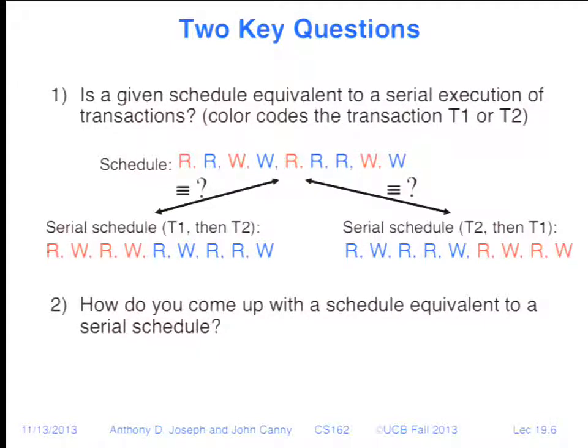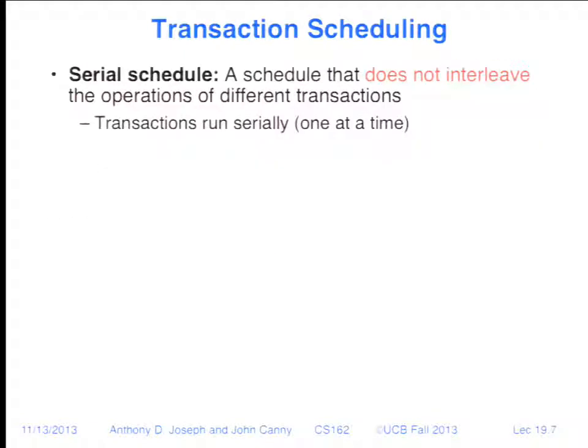So how do we figure out if one of these general schedules is equivalent to a serial schedule? We looked at some ways of doing that last time. We'll quickly review that and look at a slightly more abstract way of doing the same thing. If you recall, a serial schedule is a scheduling of reads and writes that doesn't interleave the operations from two different transactions, so essentially you're running one after the other.